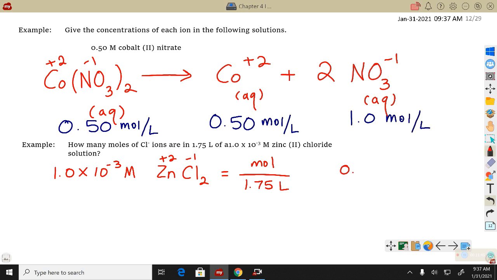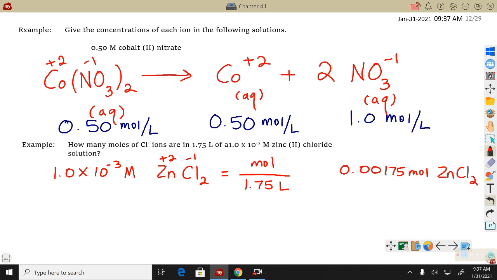About 0 point, let's see. Should we go 1 or 2, 3? Let's go 3 sig figs here. 0.00175. And that's moles of the zinc chloride.